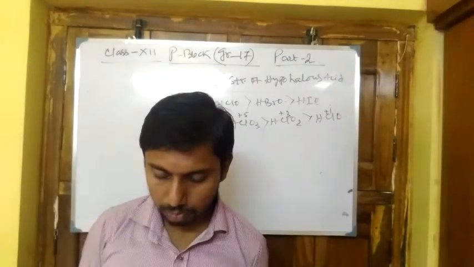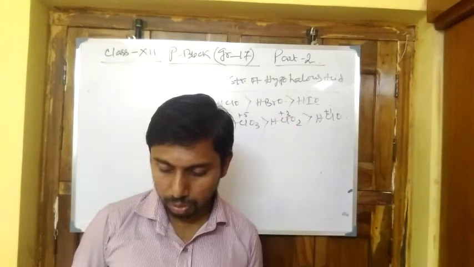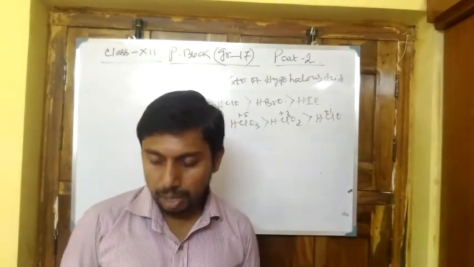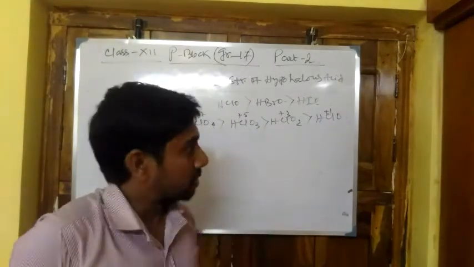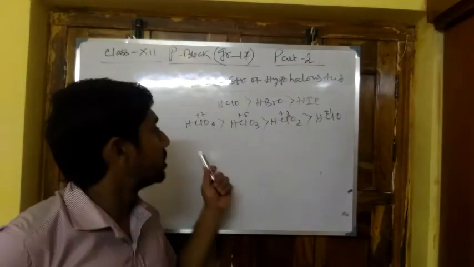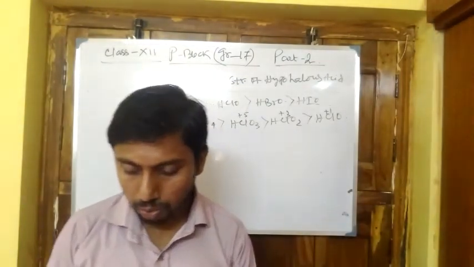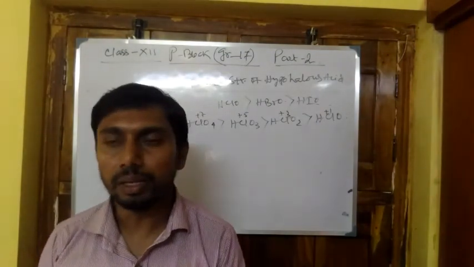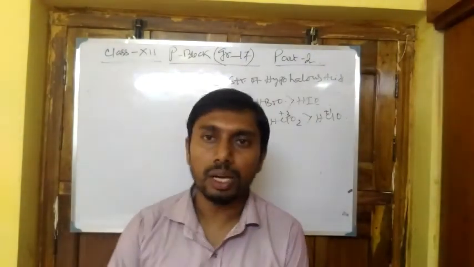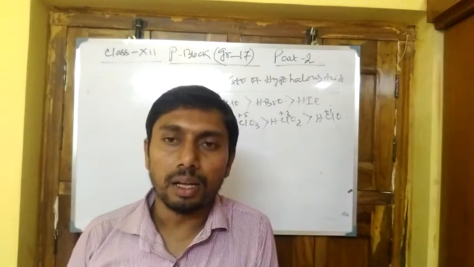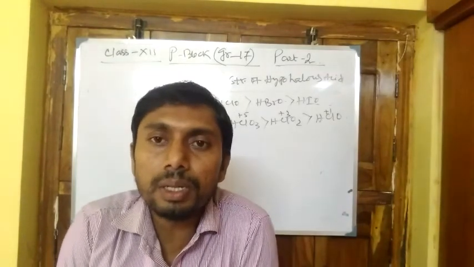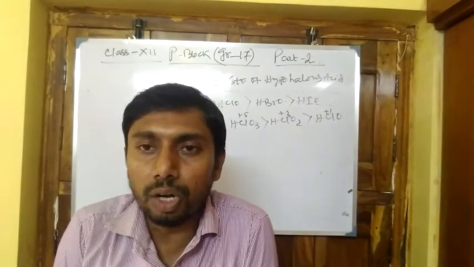Another question is, if we compare the acids HClO4, HBrO4 and HIO4, then what will be the acidic strength of the corresponding acids? Here also the same reason: as the electronegativity of the central atom increases, the acidity also increases.